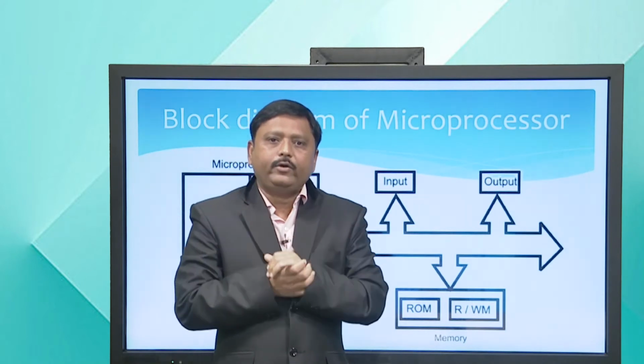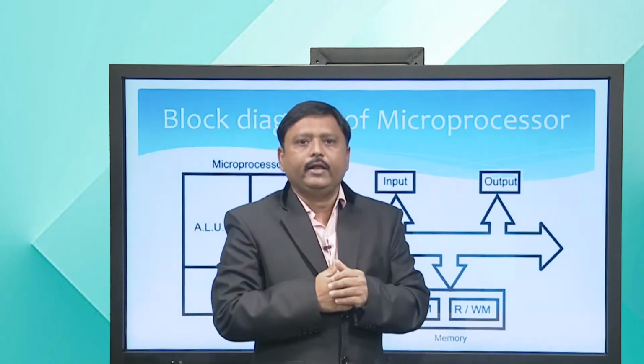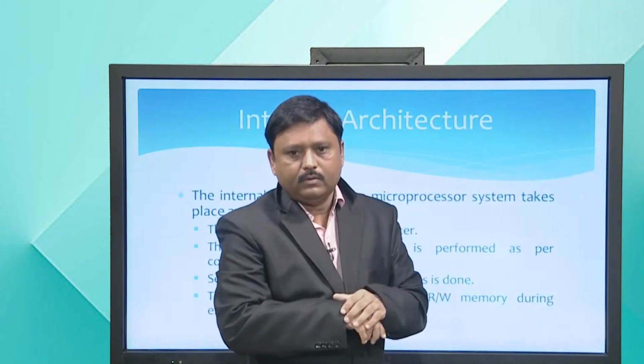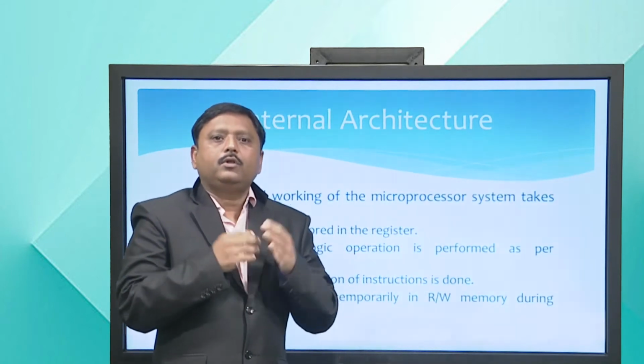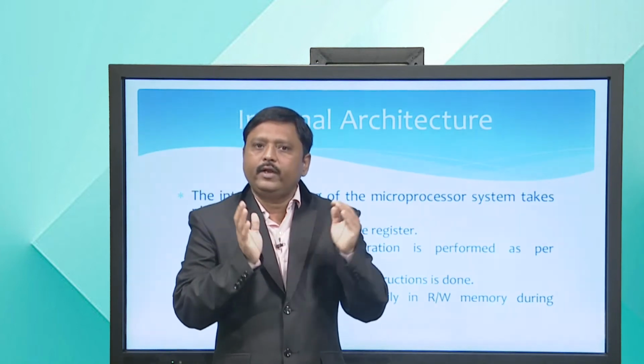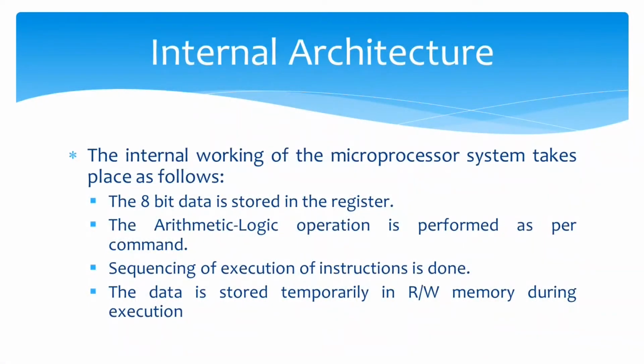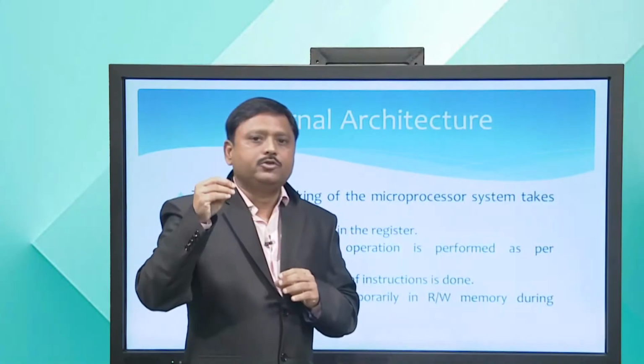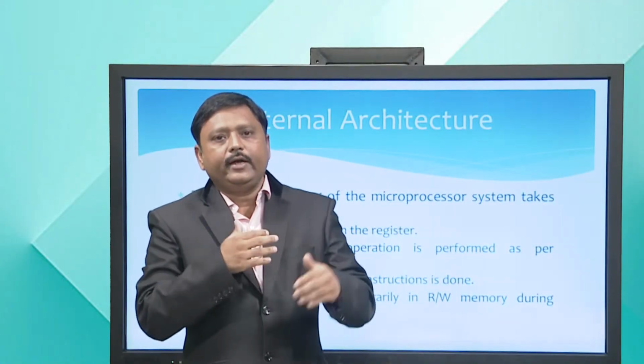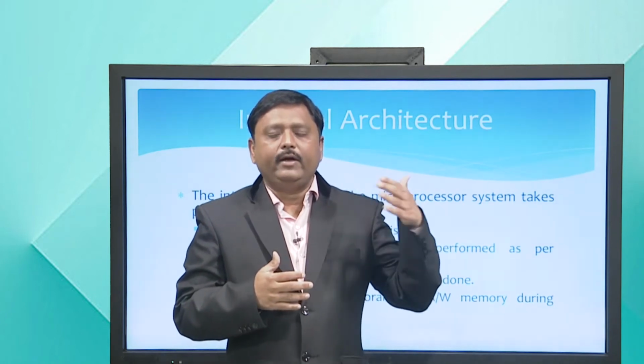Now, let us try to understand the internal working of the microprocessor. The instructions received from the keyboard are stored sequentially in the read write memory, and the microprocessor fetches the first instruction, decodes and executes it. The sequence of fetch, decode and execute continues till the microprocessor comes across an instruction which instructs it to stop. So, until a stop instruction is received, it continuously executes line by line, or sequentially.